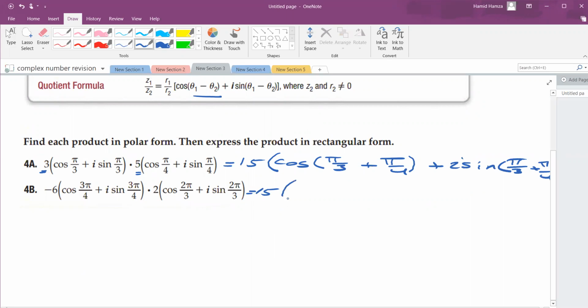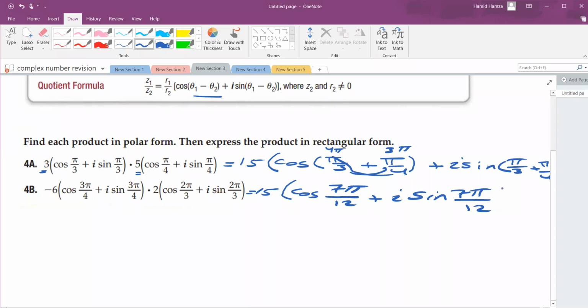So it will be 15 cosine. The common denominator will be 12. Then we cross multiply, so 4 multiplied by pi and 3 multiplied by pi, so this will be 4 pi and this will be 3 pi. The answer will be 7 pi over 12, plus i sine 7 pi over 12.